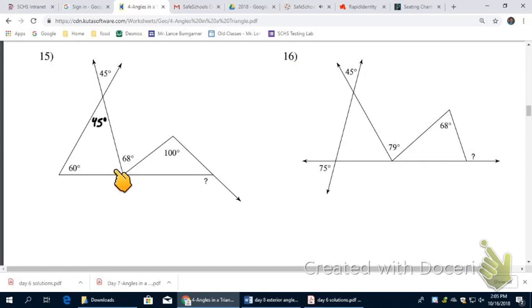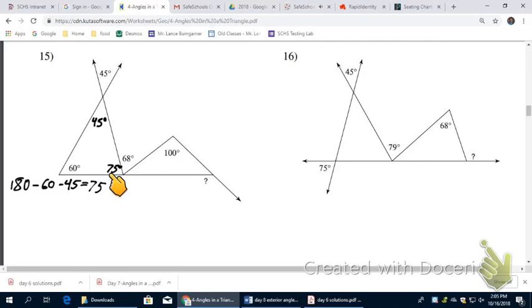Then I'd be able to find this interior angle by subtracting 45 and 60 away from 180. So 180, because the interior angles of a triangle always add to 180 degrees, subtract 60, subtract 45. And I end up getting 75 degrees for this interior angle right there.